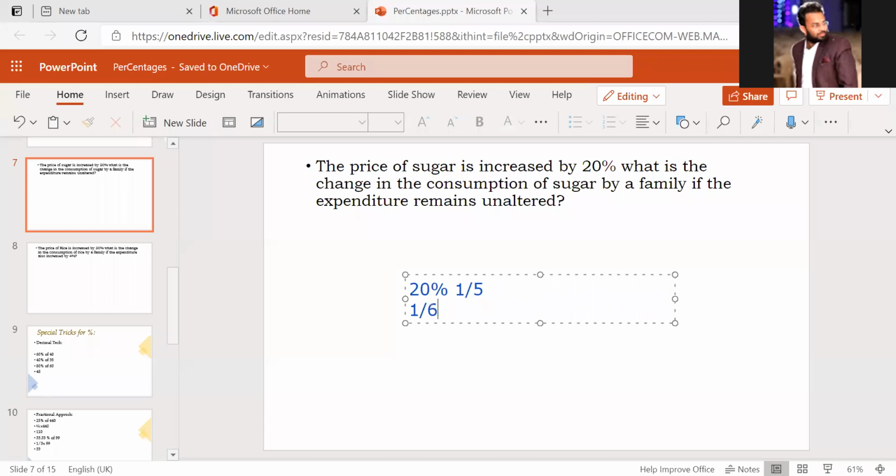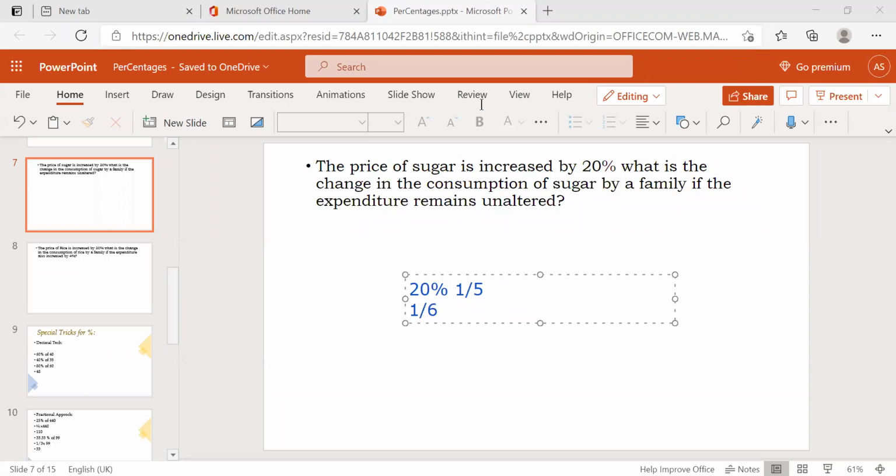Sorry, 1 by 6 will decrease. Is that correct? You can check it now. Just check it, that person will get this answer.